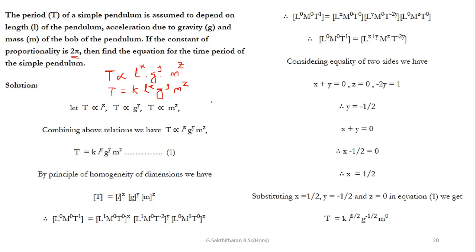Next step is the dimensional analysis. The dimensions of time equal to, k is a constant, so k doesn't have dimensions. Length has a dimension, gravitational acceleration has a dimension, and mass also has a dimension.